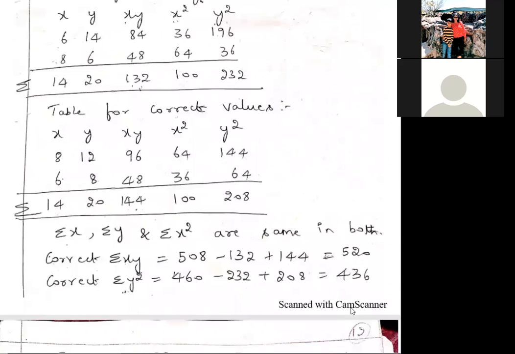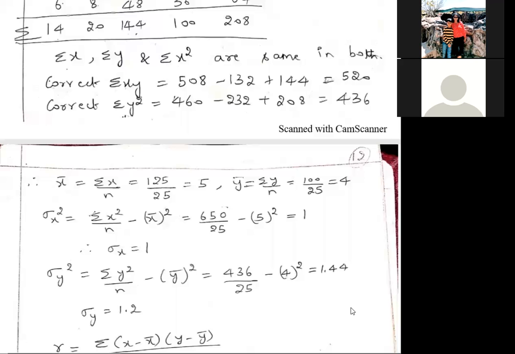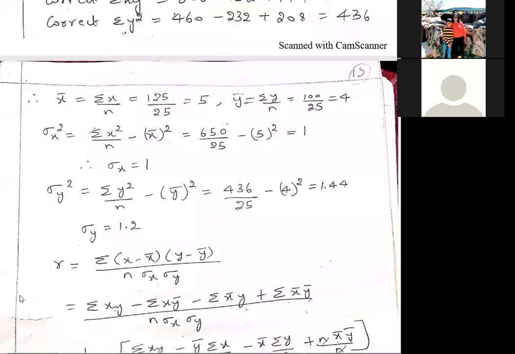Now we'll go and substitute in r. So our formula is summation x minus x bar into y minus y bar divided by n into sigma x, sigma y. So this is the formula in which you have to substitute. I had given 3 formulas if you remember in the last class. In that you should take the third one because we don't have all the x and y values to take the first or the second one.